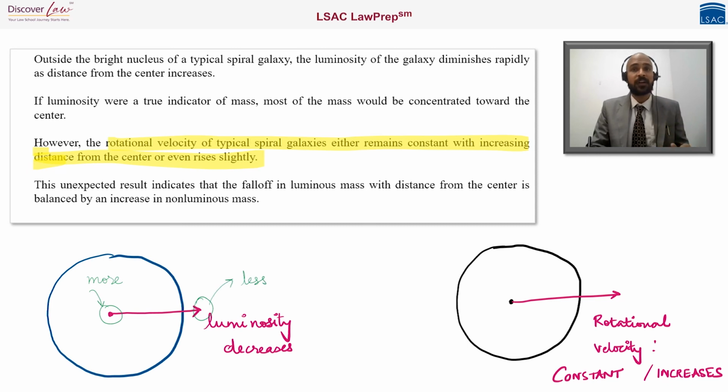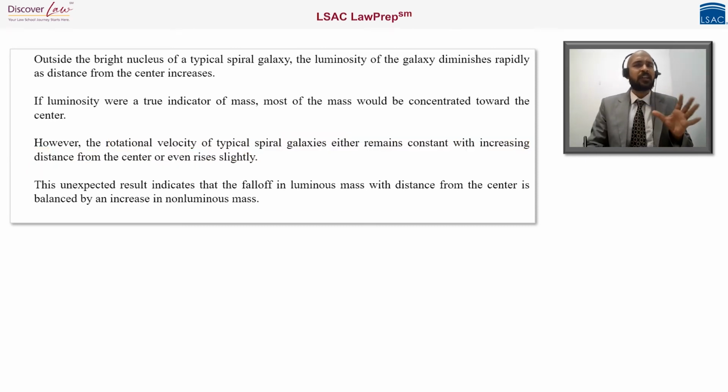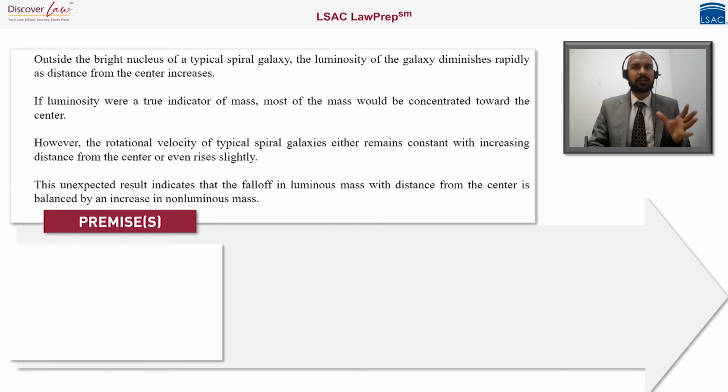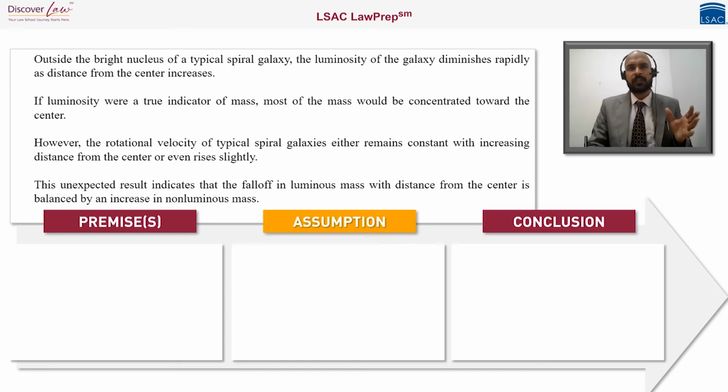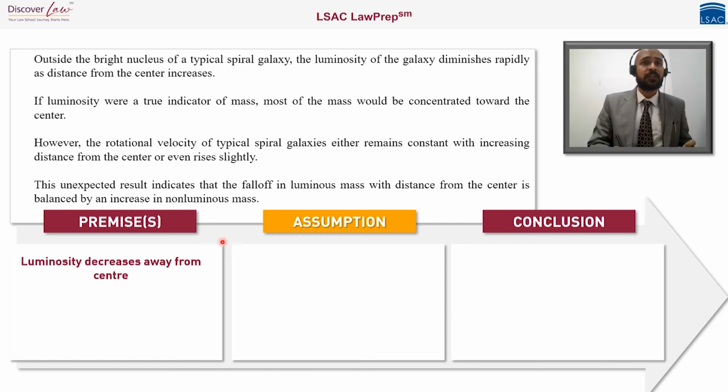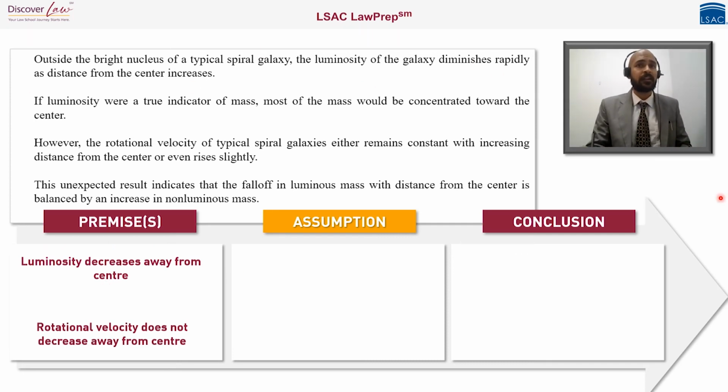Let us move ahead. Let us put this understanding into the structure that we understand of an argument: the premise leading to the conclusion, and in between there's the assumption that we need to find. You've been given this principle that luminosity decreases away from the center. The next line, rotational velocity remains constant or increases, which means it does not decrease.